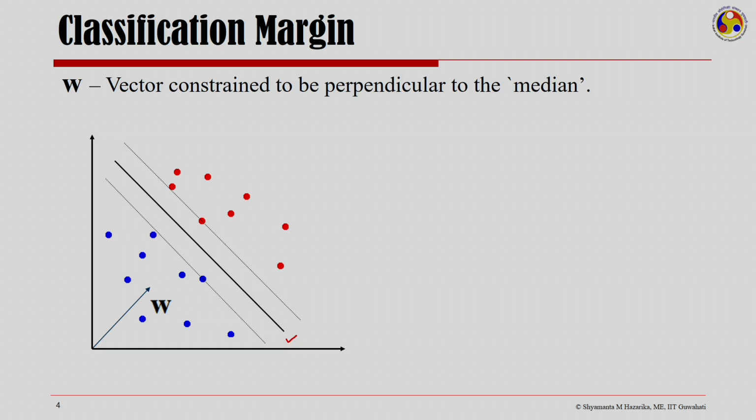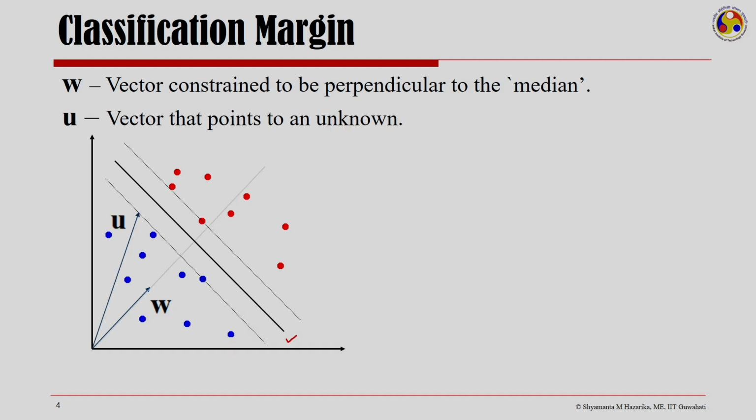So, here is W, which is the vector constrained to be perpendicular to the median, and any unknown point we will refer to by a vector u. So, u is a vector that points to an unknown.